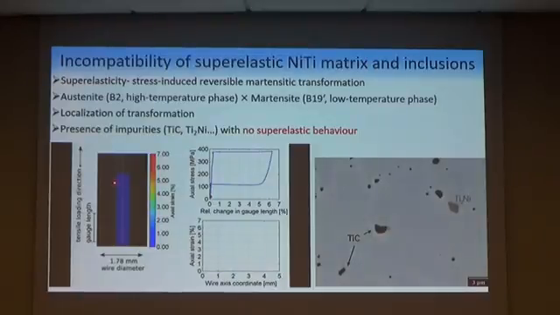So almost 6-7% strain. The animation will work. Is that a play? Yes.